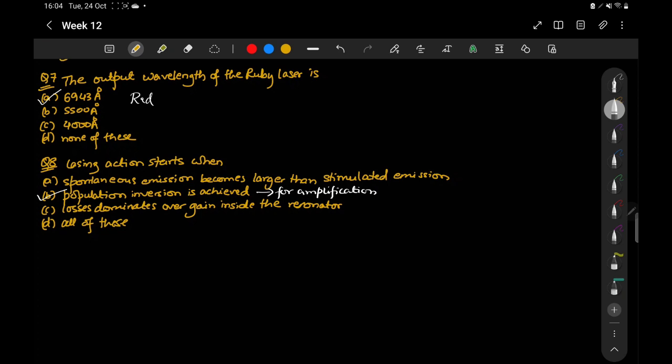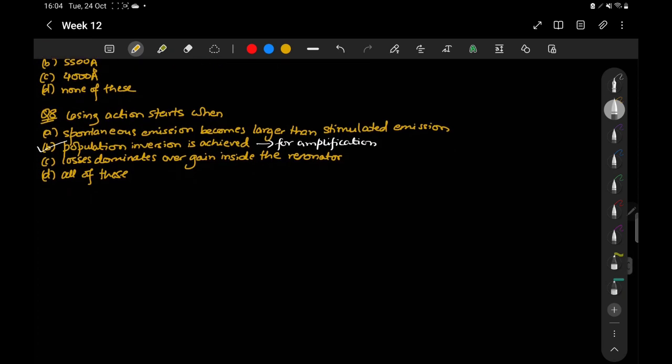Next question, we have just 2 more questions to go. This is on anti-reflecting coatings.